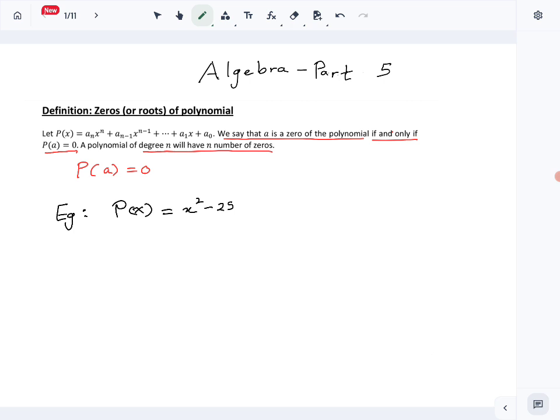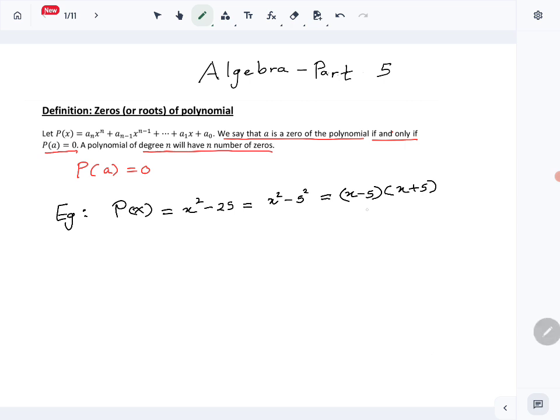So the method to find polynomial zeros is to factor it. So this one, I can use the difference of squares. I can write 25 as 5 squared, then use the difference of squares formula and factorize this into (x minus 5)(x plus 5), right?